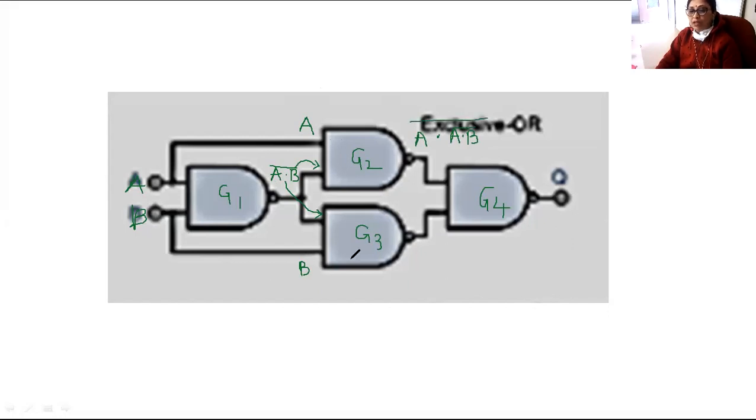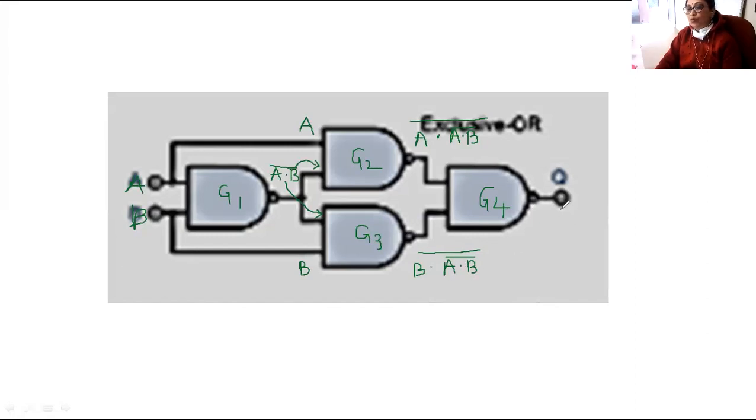Similarly, output of gate number 3 will be B dot, another input is A dot B bar, and whole bar. So input of G4 will be A dot B bar whole bar, and another input is B dot A dot B bar whole bar.